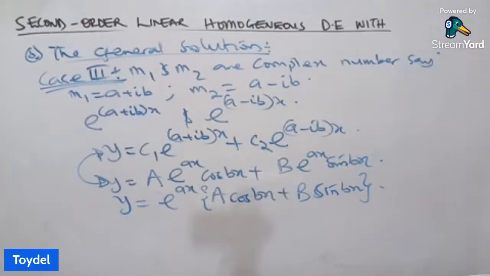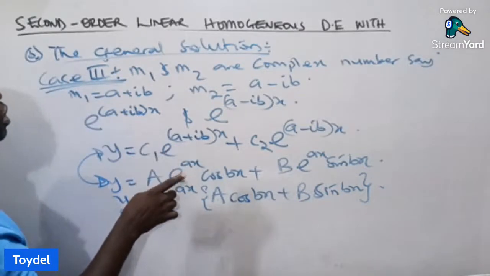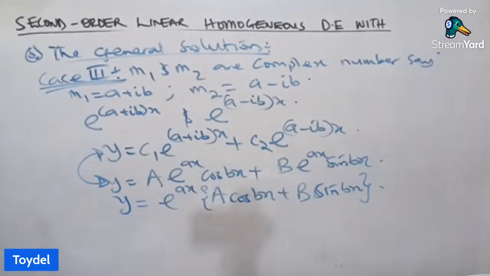That algebraic equation is referred to as the characteristic equation or auxiliary equation. It will be in the form of a quadratic equation. Then we solve for the roots of that equation. The roots of the algebraic equation will determine the solution to the differential equation.